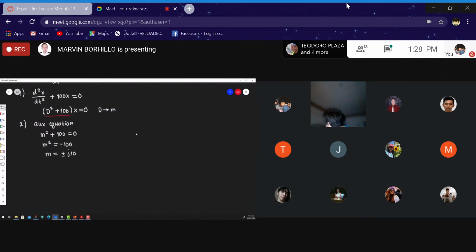Okay, so step 3. Since the roots are complex, the general solution will be, if our m is complex, in the form from our previous lesson, previous video tutorial, m is equal to a plus or minus j of b.